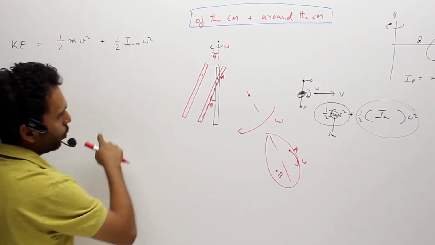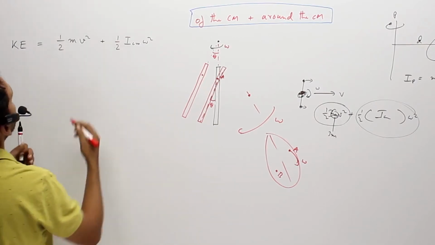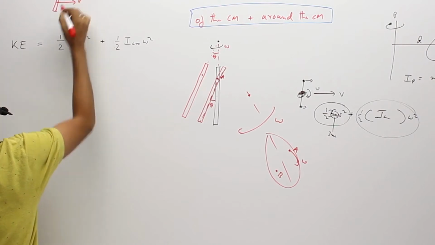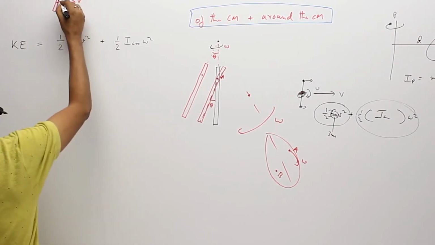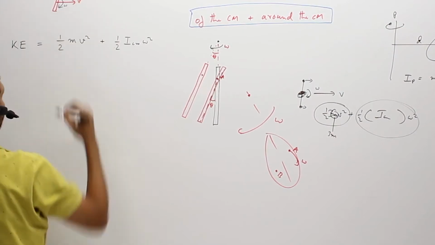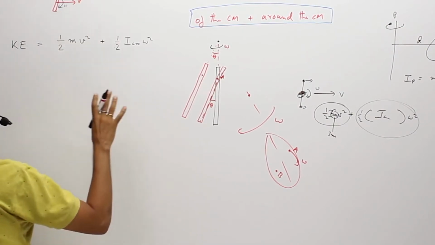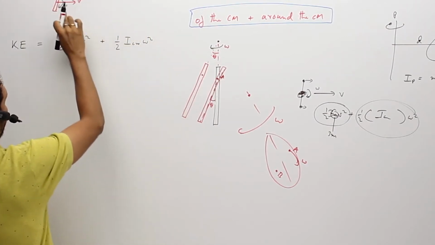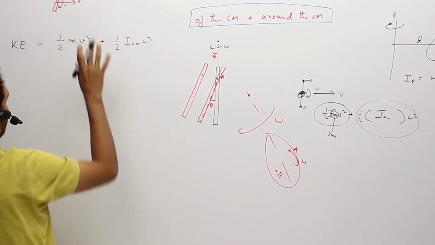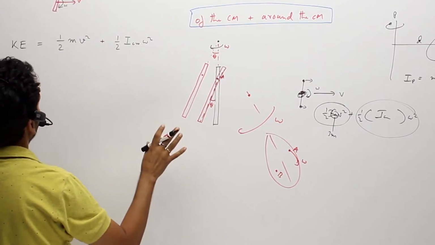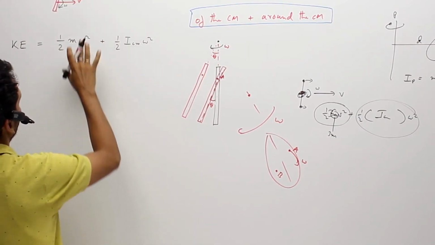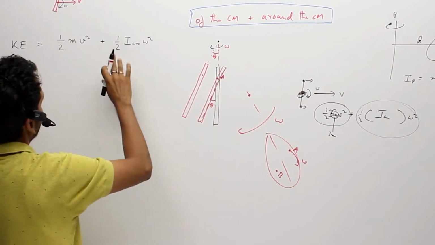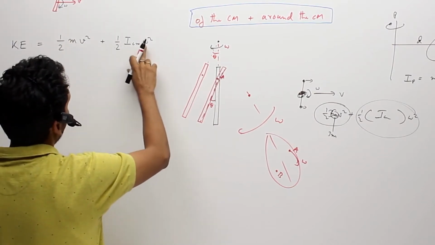So in this case, say a rod is going forward with V and it is rotating with omega. We have discussed earlier that the energy will come as more than the energy of the center of mass, which is half m v square, plus something. That plus something will be half I omega square.